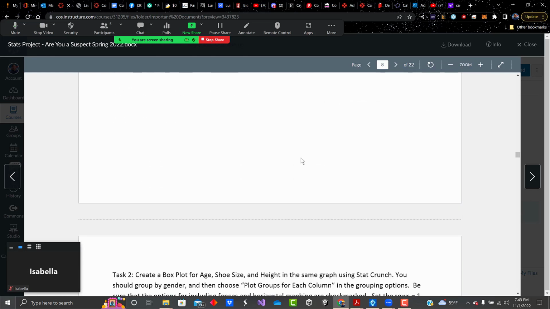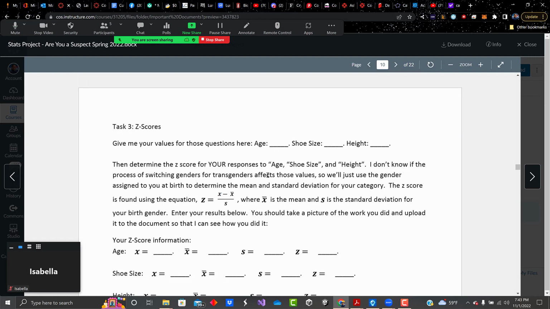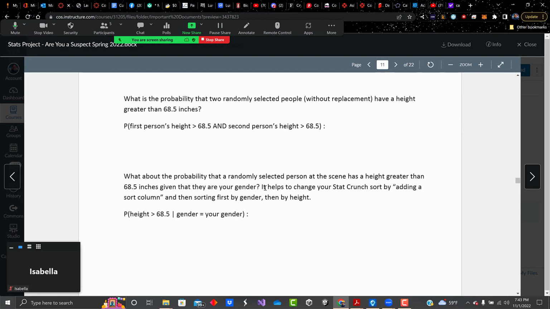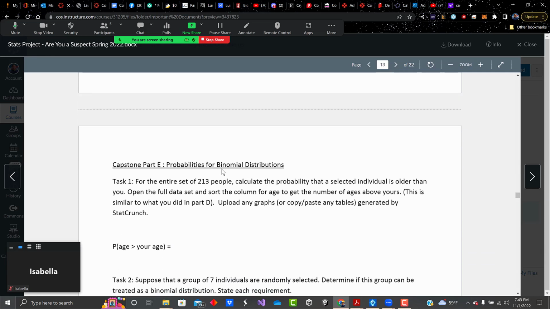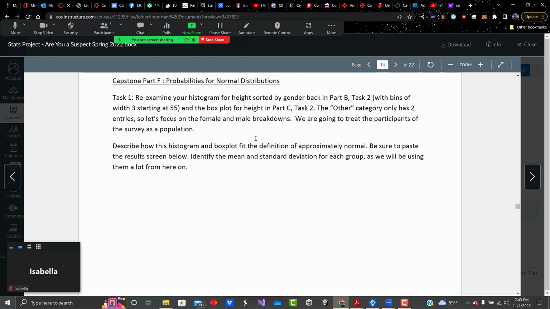So a lot of it follows the chapters. It doesn't say chapters. And then you'll get down to where we've done part E, binomial distributions. That was chapter 6. Normal distributions was chapter 7.